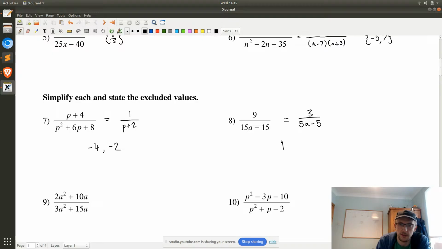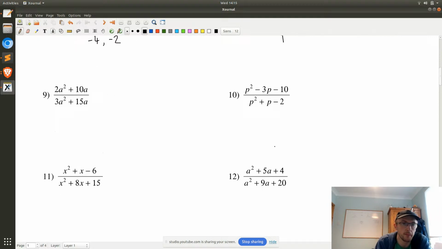Yeah, I mean, it's simplified. All right, let's see what they mean. No, they mean exactly what I said. All right, okay. Common factor of 2a, and here of 3a.